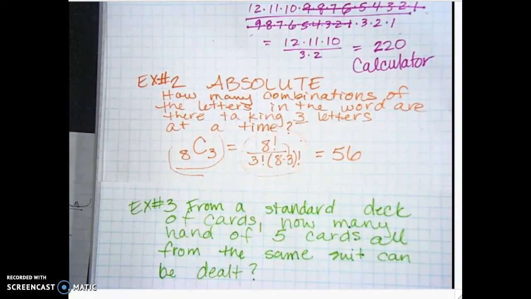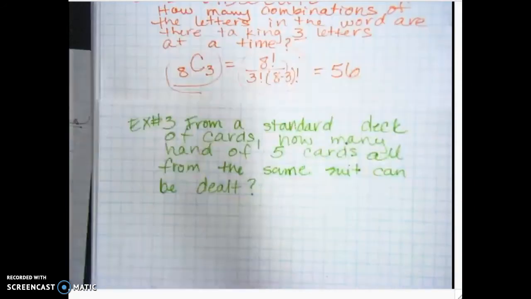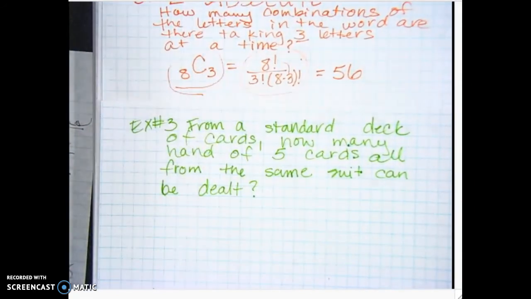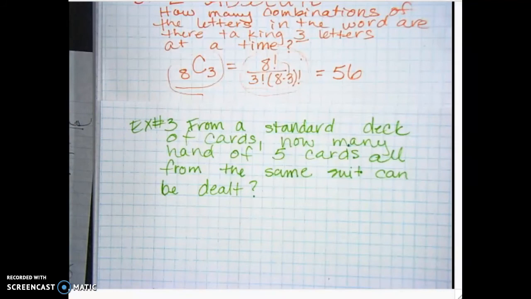Hopefully you're familiar with a deck of cards. If you're not, you can pull up a picture of a deck of cards on your Chromebook, and you can see there are 4 suits. 2 of them are diamonds and hearts, which are red, and 2 of them are black, which are clubs and spades.